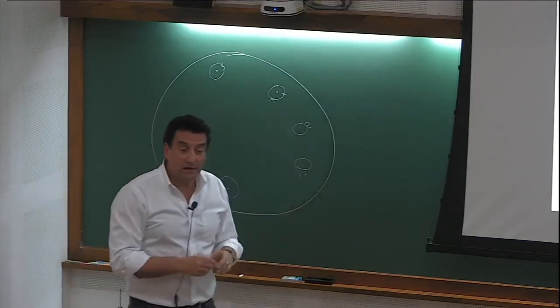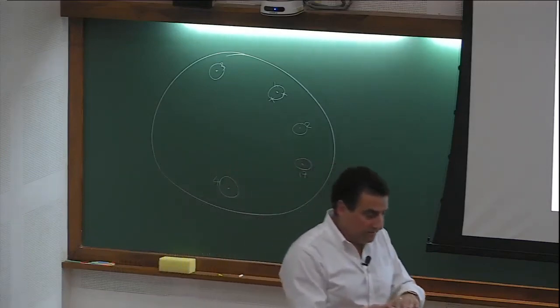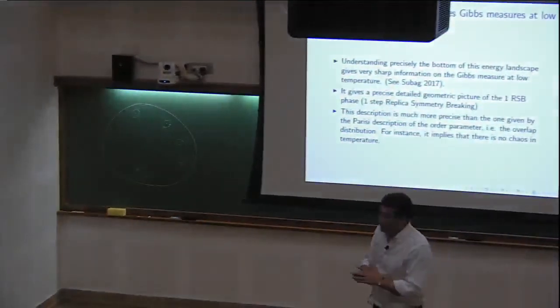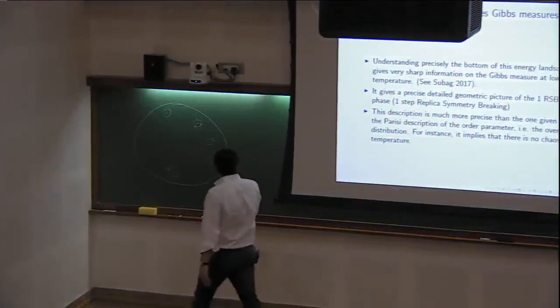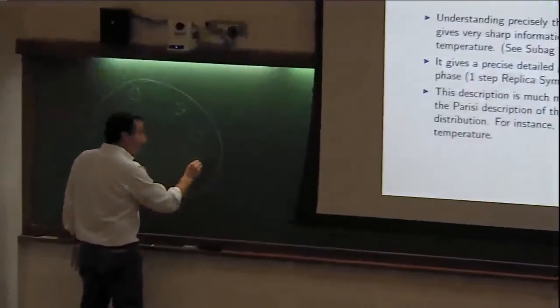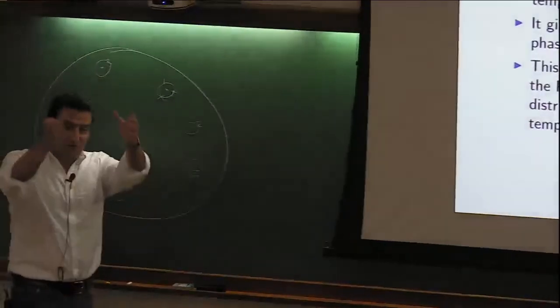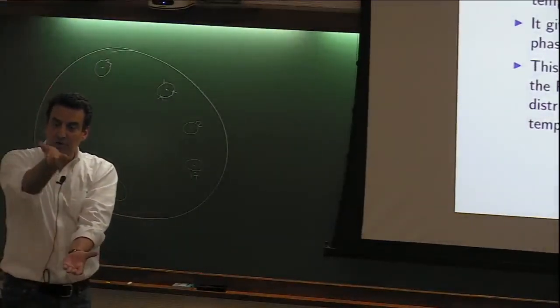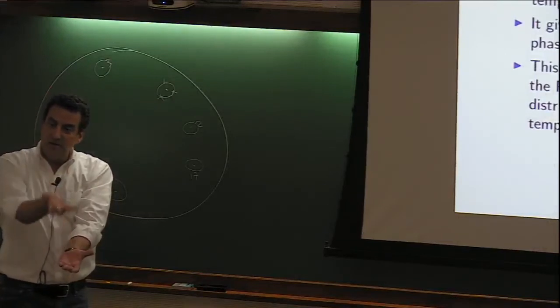And why don't you have temperature chaos? It's because here, if I change the temperature, the only thing that will happen in a pure P spin is that I will stay in the same well. These correspond for the energy to very deep wells. And when you change the temperature, you raise the level, but you stay in the same well.